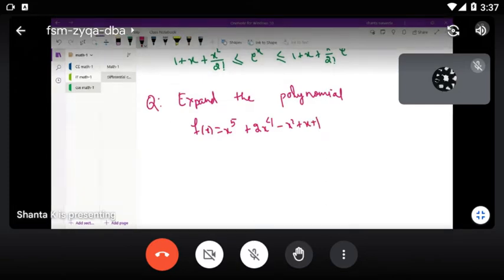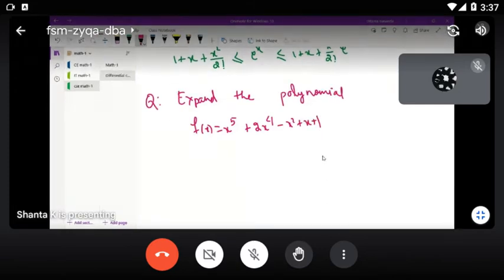We will expand the polynomial in powers of x plus 1. So you see how you will do. It's just one of the forms. You can rewrite it as expanding this polynomial in powers of x plus 1.